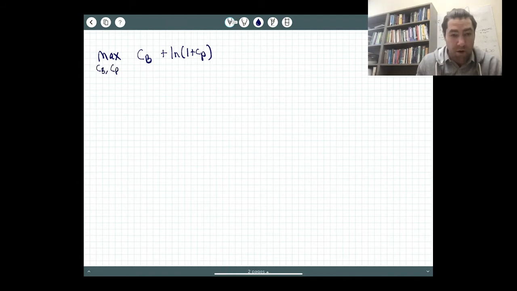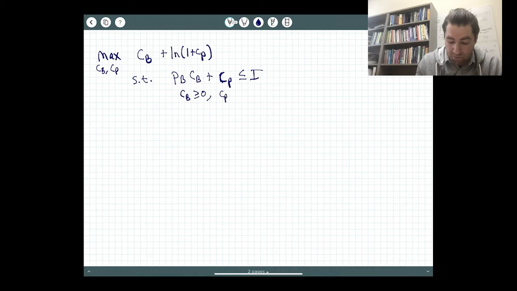I'm picking these two variables, subject to a budget constraint less than or equal to some income, and non-negativity constraints.